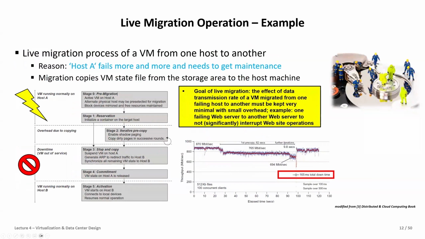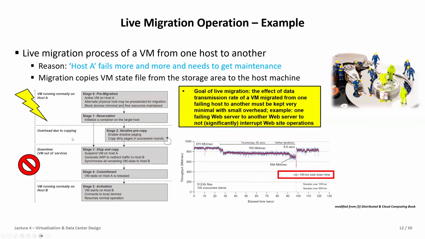So there are techniques there, and you see here it's 165 milliseconds total downtime. So it's basically not even something which a user may necessarily notice. And this is something where the state from the virtual machine can easily be transferred to the other host B, as we discussed.